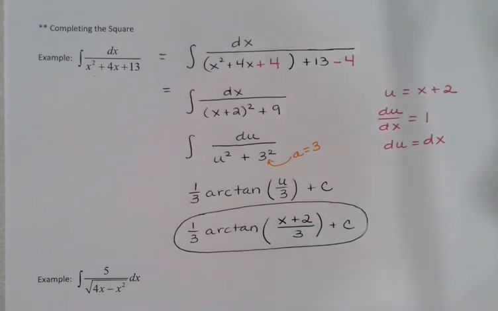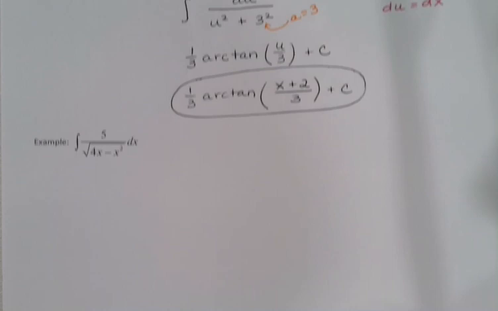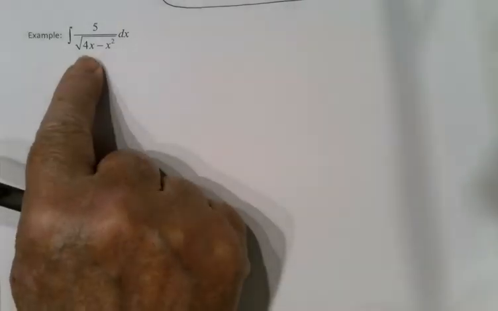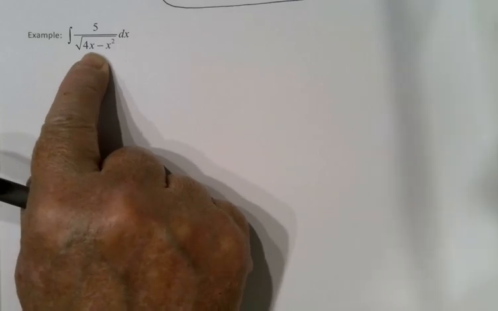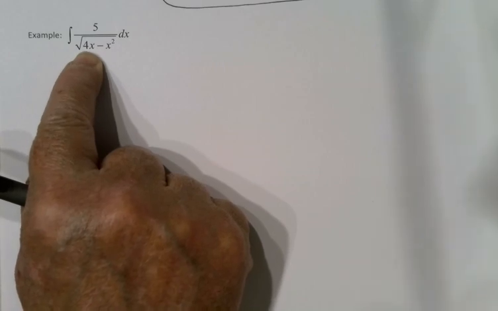All right, one more. That 5 over the square root of 4x minus x squared. This sure reminds me of these inverse trig functions with that radical in the denominator. The problem is, if you look at these, this has got a linear term, right?